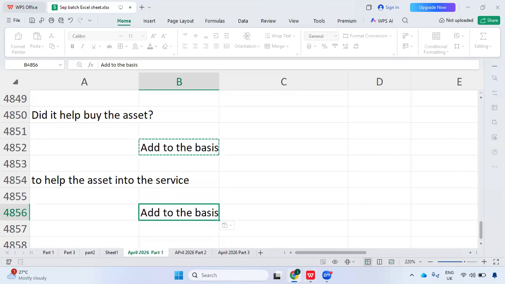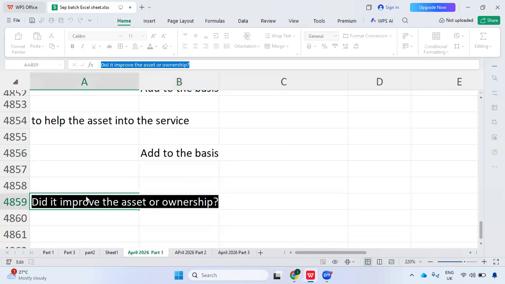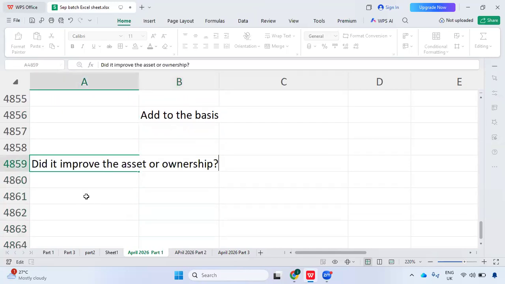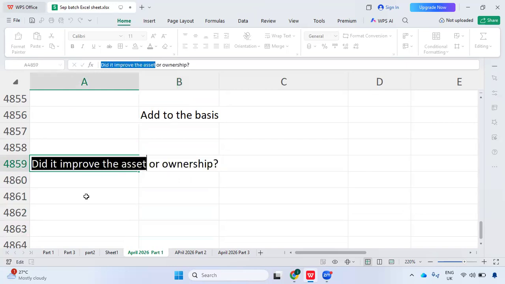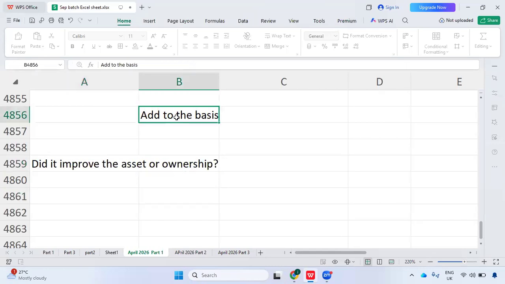And the next final question, did it improve the asset or ownership? Anything which improves the asset or which improves the ownership. So two things here. We have seen the first category: improvements to the asset generally will be added to the basis. And in some cases, expenses to defend the title. Generally this we can see in the case of real estate properties, so we will see that. But for now, anything which improves the asset or ownership will be added to the basis of the property.